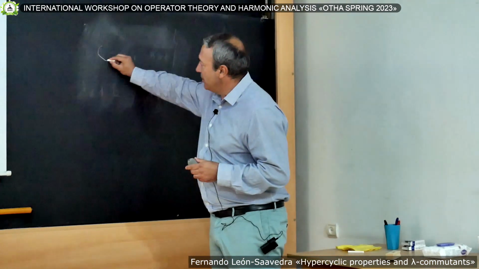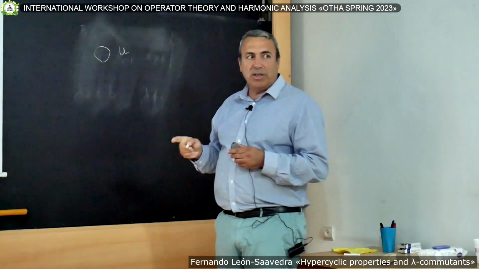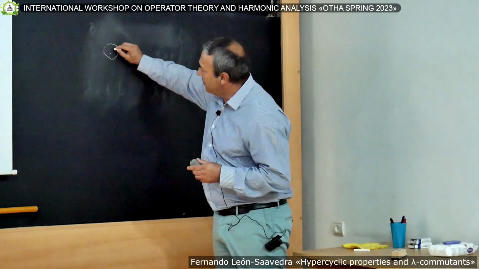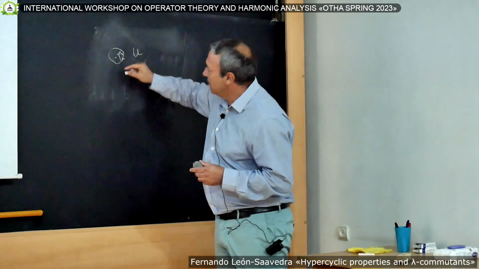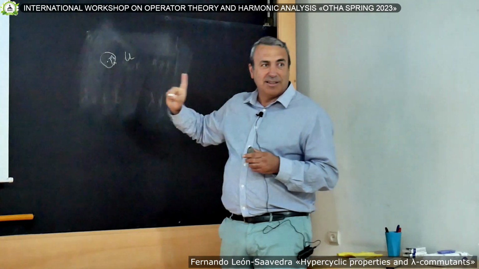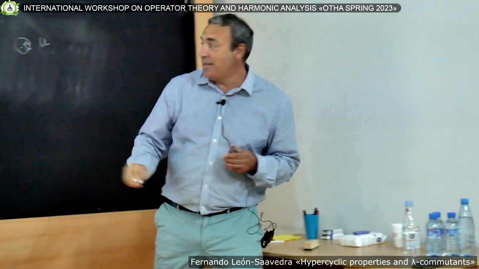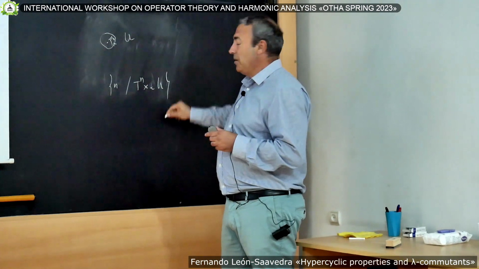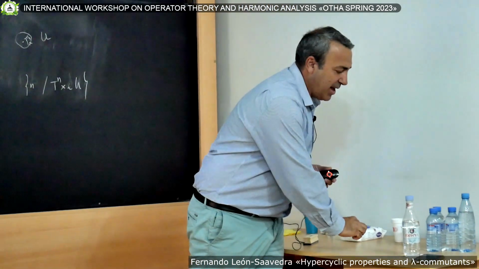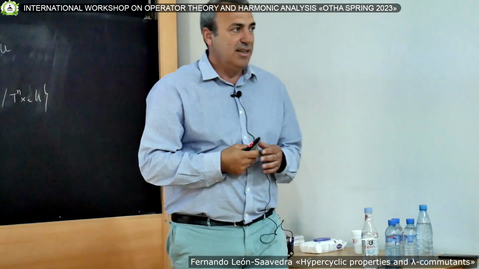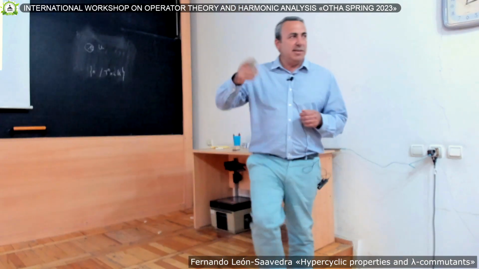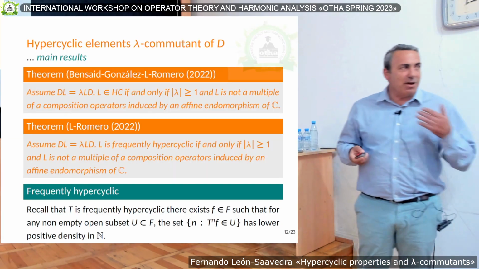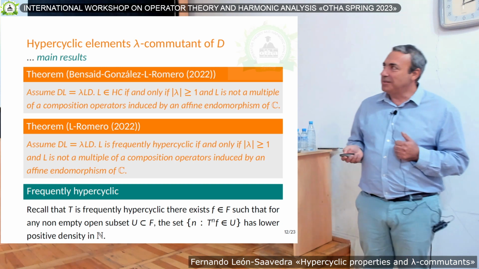For any open subset, if we consider the number of times that the orbit visits this open subset, this set is a big set in the natural numbers, it has lower positive density. So the orbit visits the open set many times, very often, frequently. This is the idea.